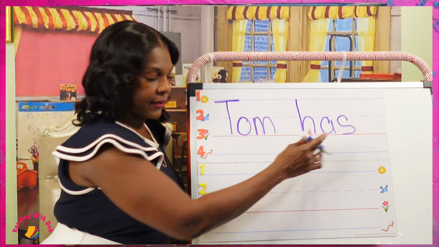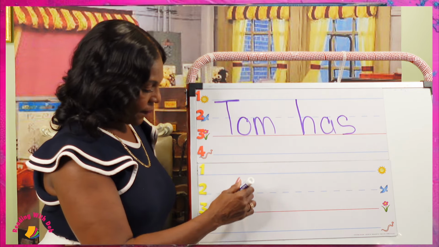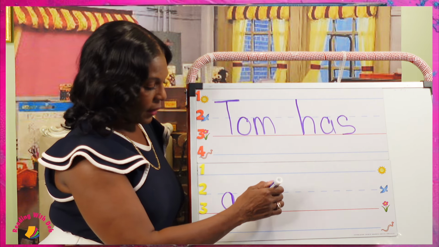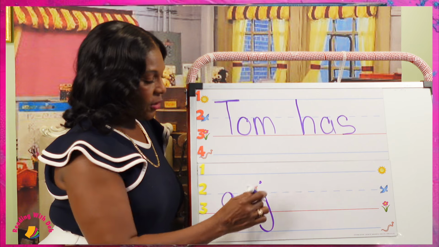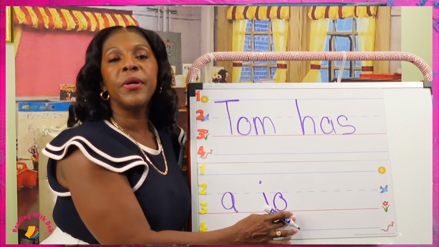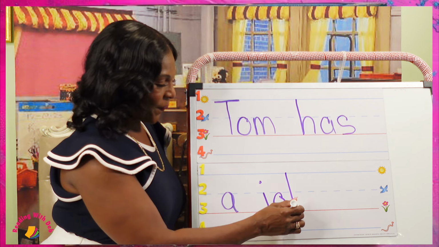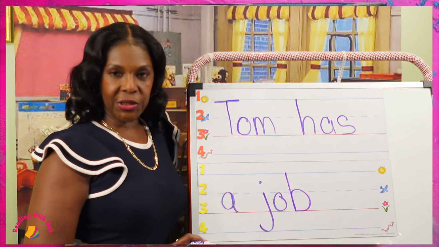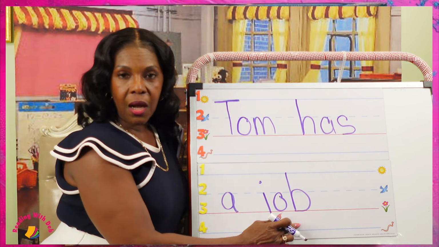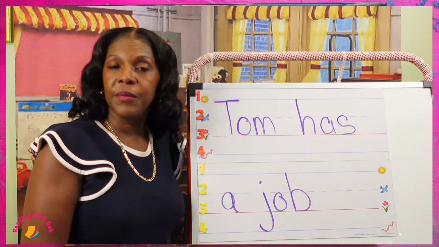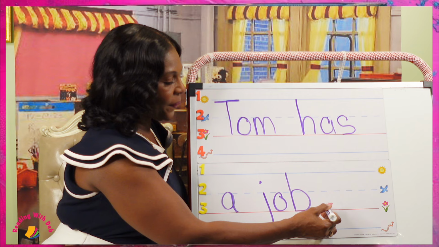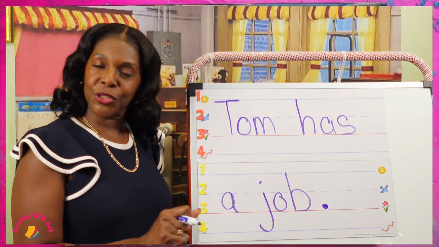Tom has a, leave a space, job. That's the O. Job. B. Let me check my sentence. Tom has a job. This sentence is telling me something. So for a telling sentence, I need a period. There you go. How did you do?